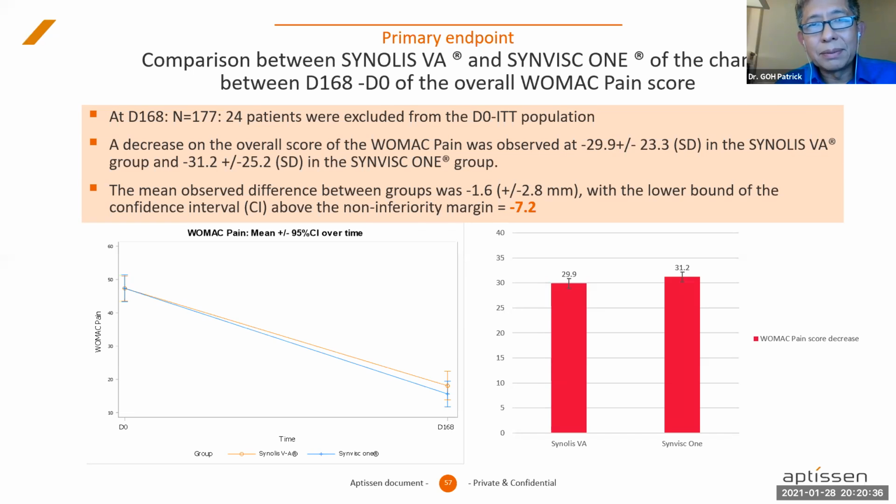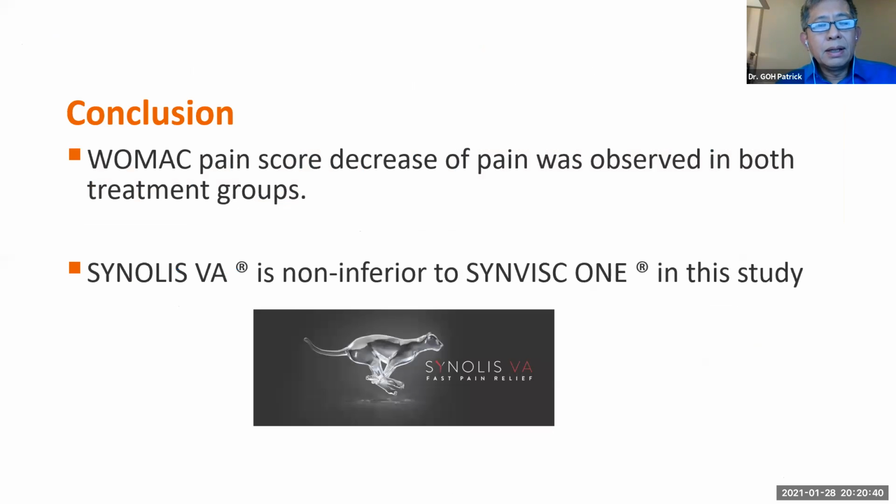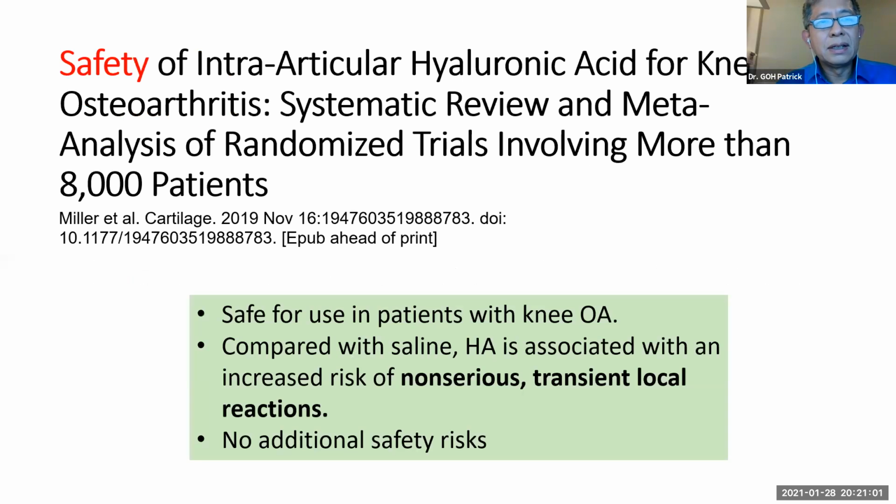So it's a 4 ml preparation versus 6 ml, and they were almost equal. The conclusion, based on WOMAC pain scores, was that Synolis is not inferior to Synvisc-One in this study. So I think efficacy is quite reasonably shown, if it matches well against the gold standard.